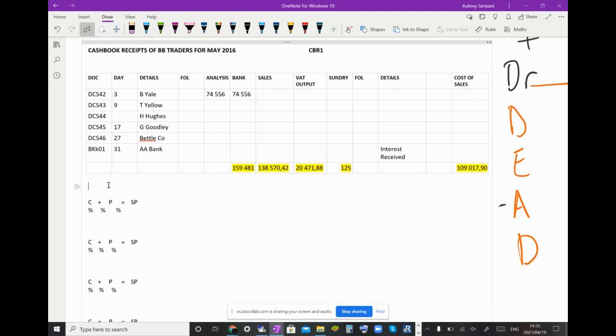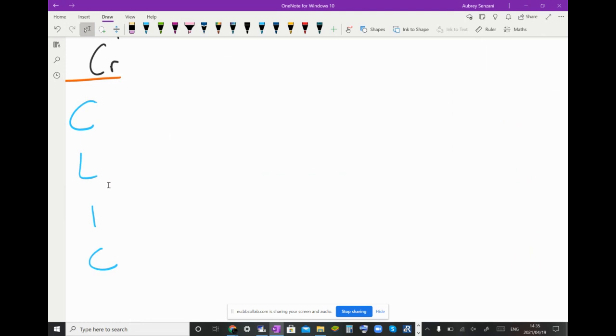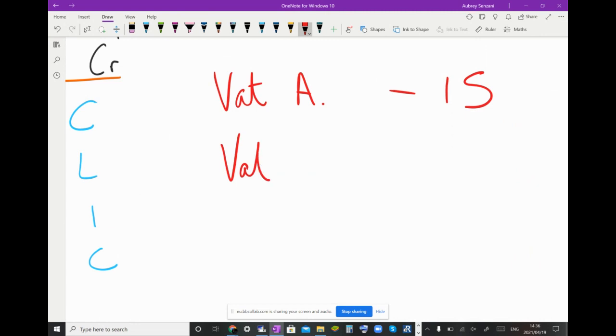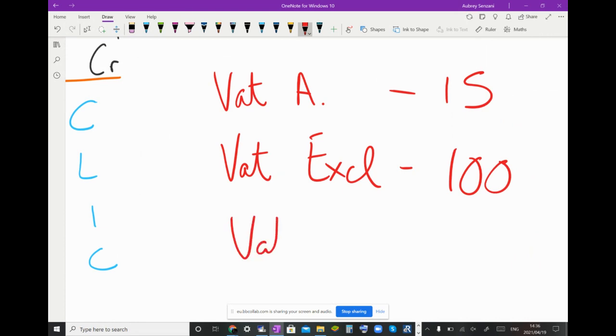Because remember, let's quickly do this here on the side. Remember we said VAT amount is 15, VAT exclusive is 100, and then the VAT inclusive is 115, okay?